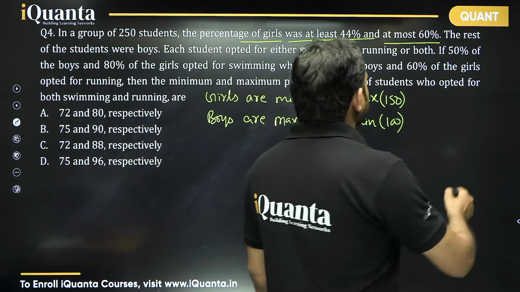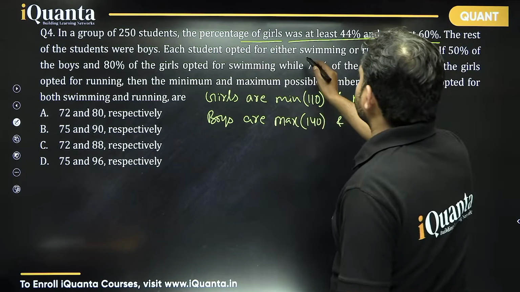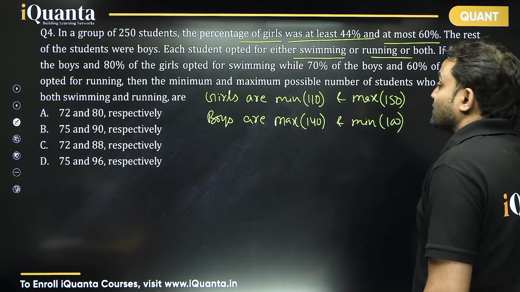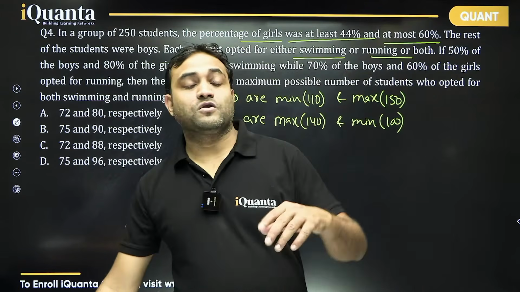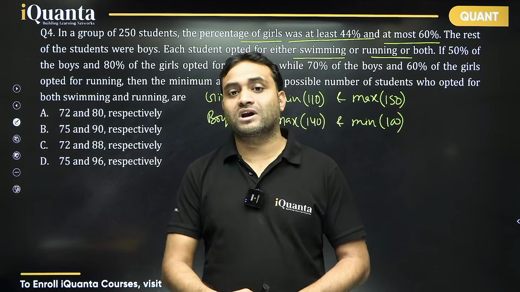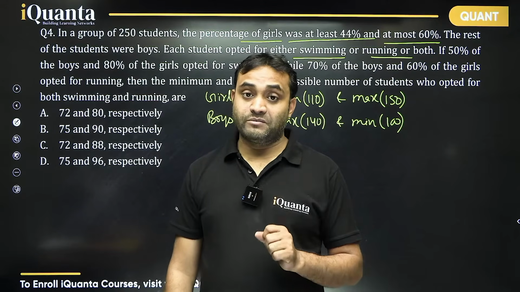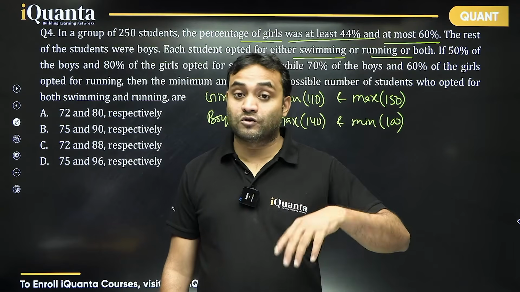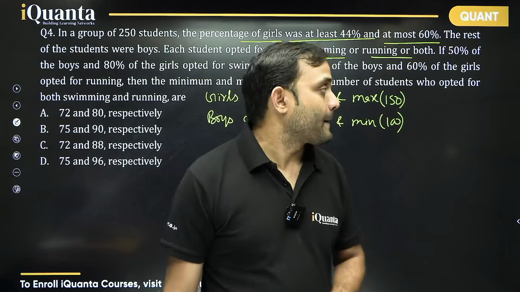Then it says each student opted for either swimming or running or both. Means out of 250 students, each of these students is involved in either swimming or running or both. Means the number of students who are involved in none of these two activities is equal to 0.